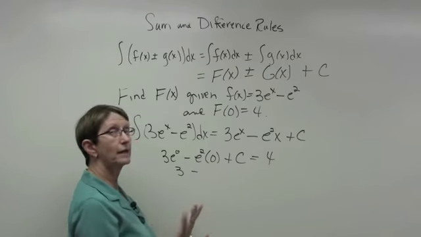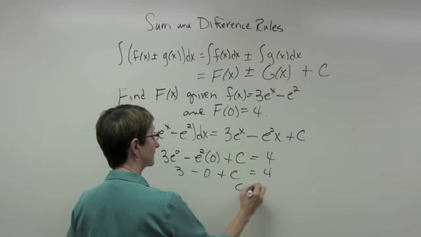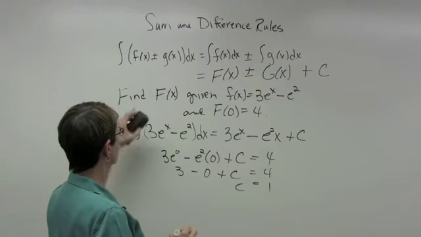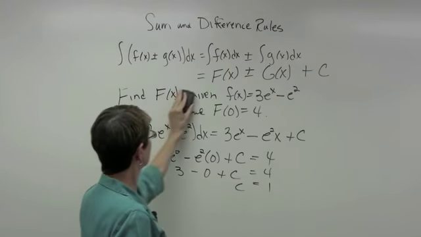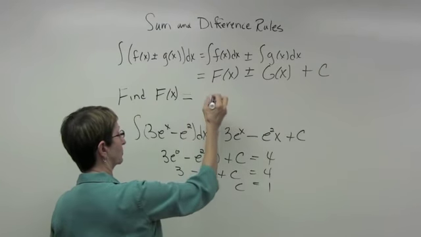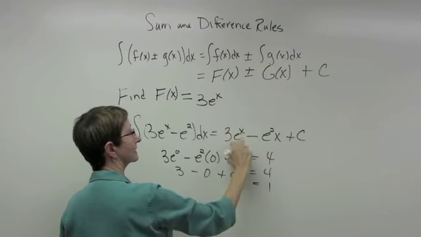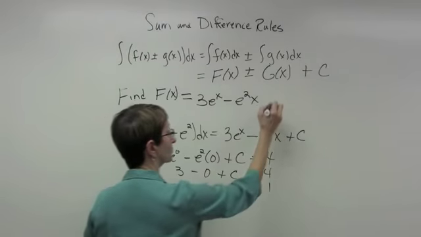E squared, whatever that number is, times 0 is 0, plus c equal to 4 tells me that c is equal to 1. So my actual function f of x that I'm looking for is f of x equal to 3e to the x minus e squared times x plus 1.